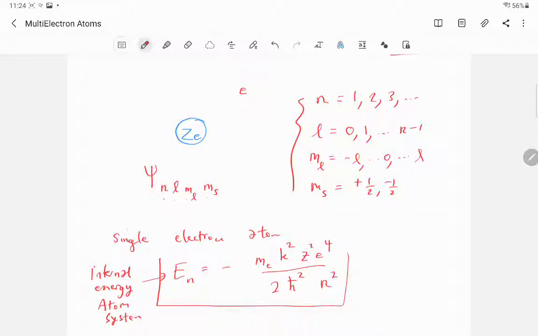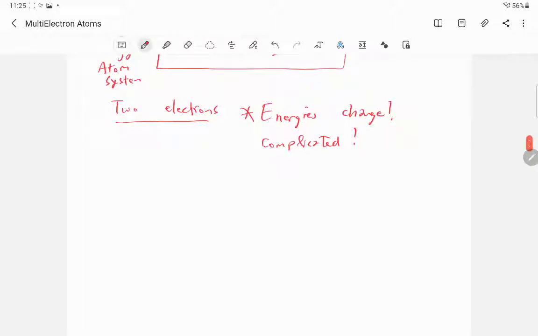So I begin to make an atom system. What are my options if I want to add a second electron? I'm imagining assembling my way up to a neutral atom. A neutral atom will have the same number of electrons as protons, so that'll be electrically neutral.